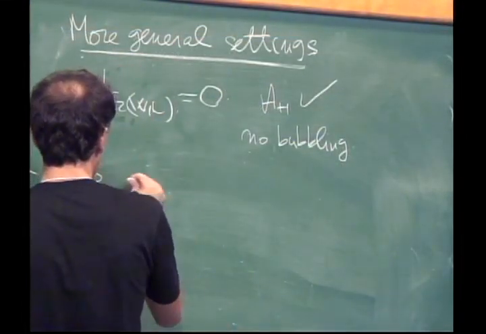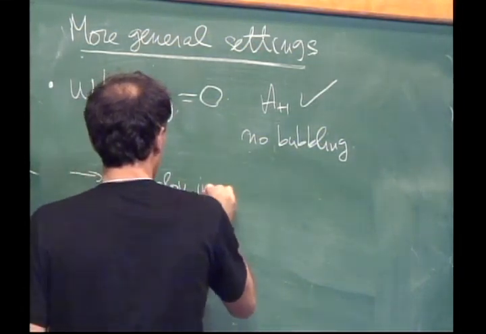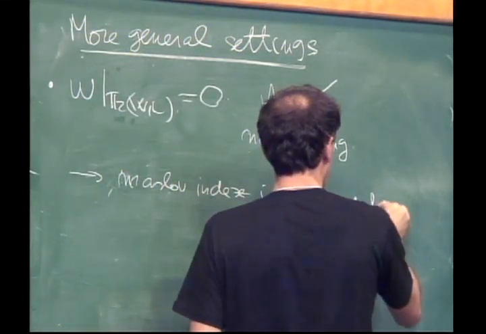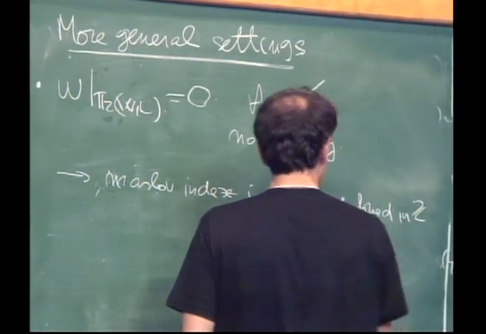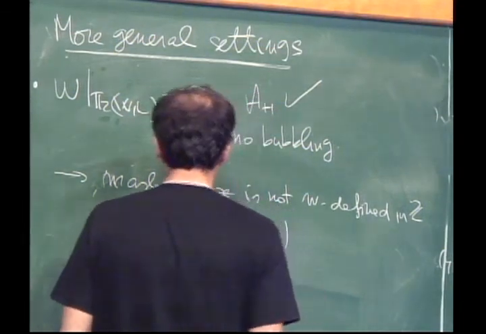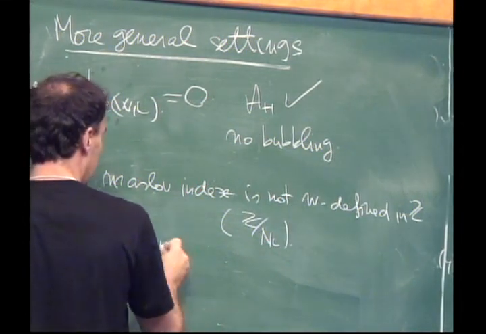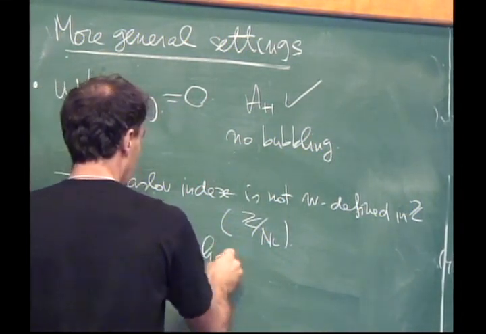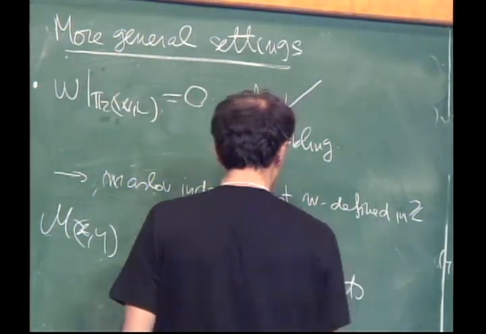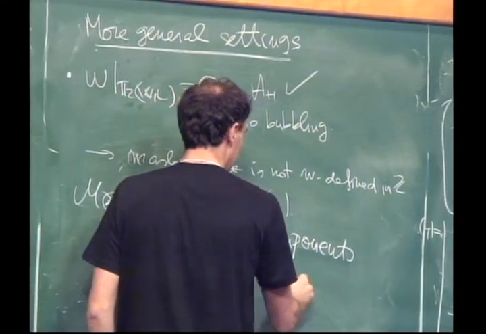But the only difference here is that the Maslov index is not well defined in Z. Actually, you have defined it in Z on an L. So in particular, M_XY may have components of various dimensions.